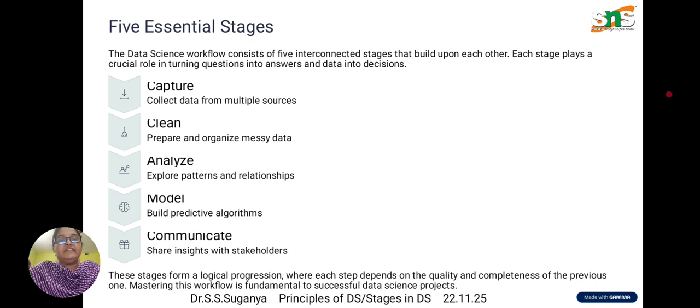And finally, communication, that is presenting the insights or information effectively. Each stage builds on the previous one, and it is essential for the accuracy and usefulness of the results produced.